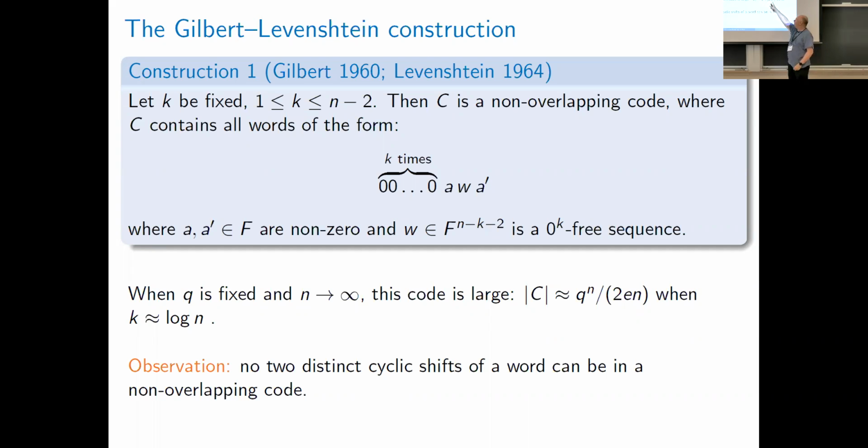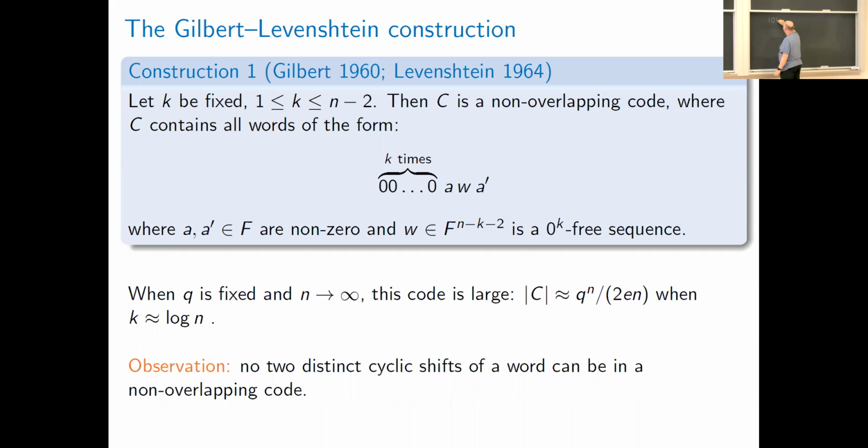Is this 1 over n an artifact of our construction, or should it really be there? Here's an observation: if you take any 2 cyclic shifts of a single word, they're going to overlap. I hopefully you can see this online, but please complain if not.